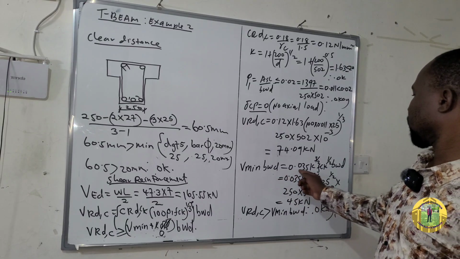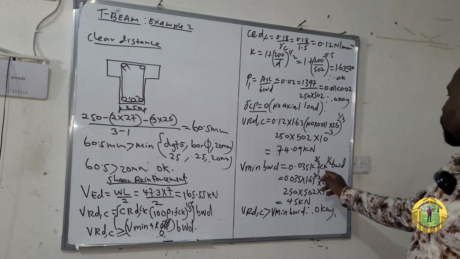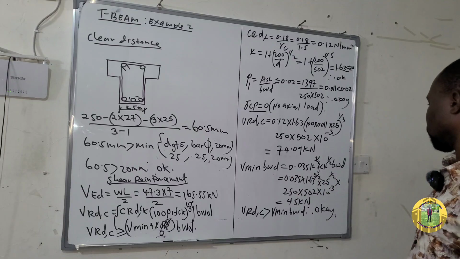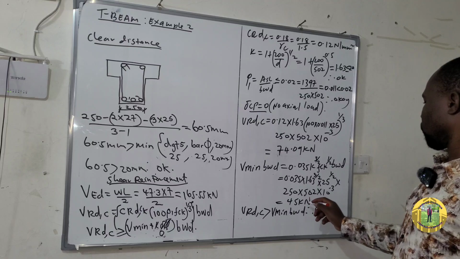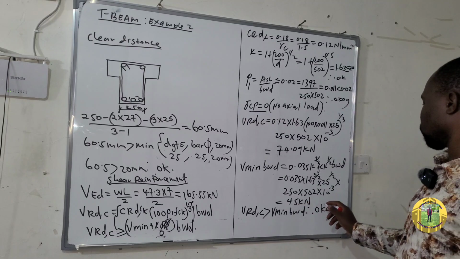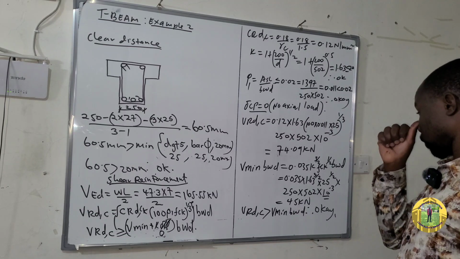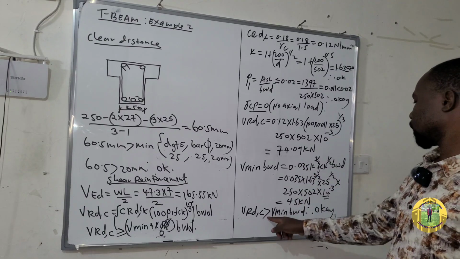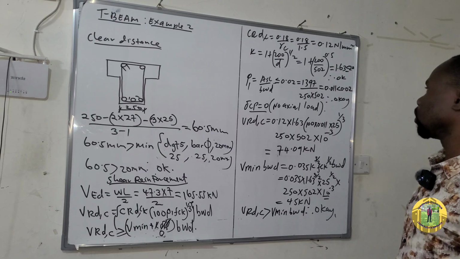And V mean is given by this formula, 0.035 K raised to power 3 over 2, FCK raised to power half. Then BWD is this one. So if we insert everything in this formula, we will get 45 kilonewton. Remember to multiply by 10 to power negative 3 to change it from Newton to kilonewton. So as you can see, 74.09 is greater than 45 kilonewton, which is V mean BWD, which is okay.